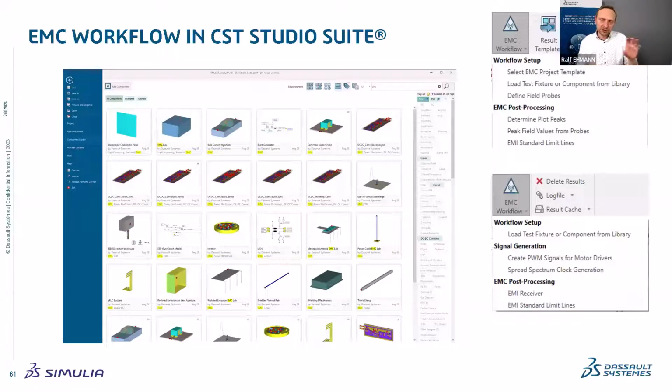And you will find an EMC workflow button both in the 3D part under post-processing, and in the circuit part under post-processing, as you can see, they offer slightly different options because, for example, the PWM signal only makes sense to define on the circuit and not in the 3D model. So feel free to browse through them. It's really the way to collect everything EMC related under one button.